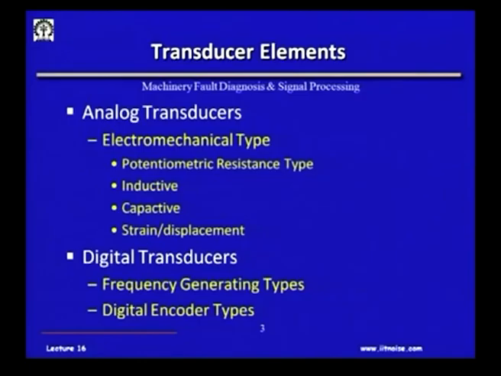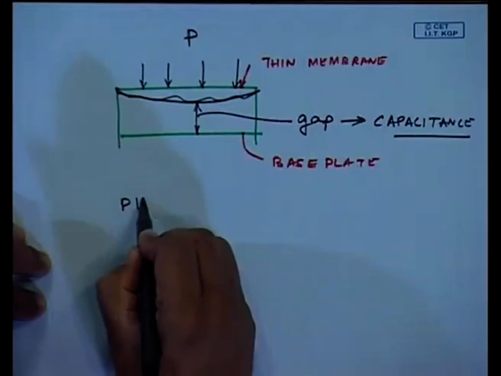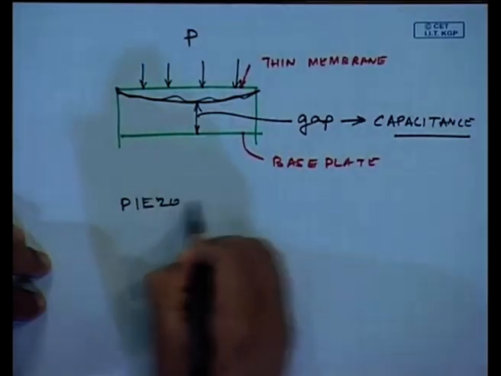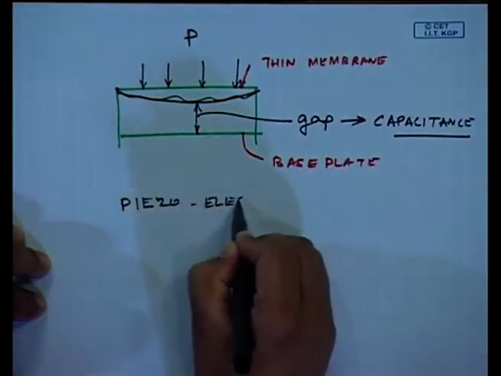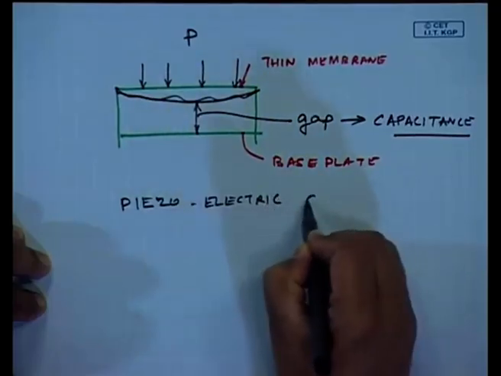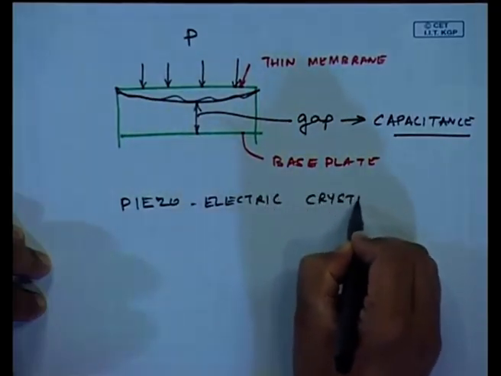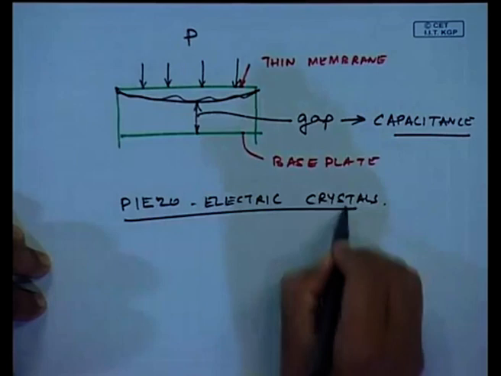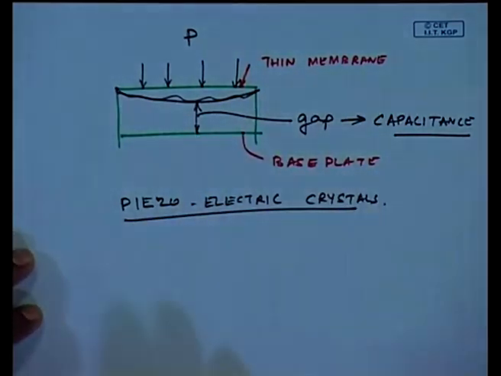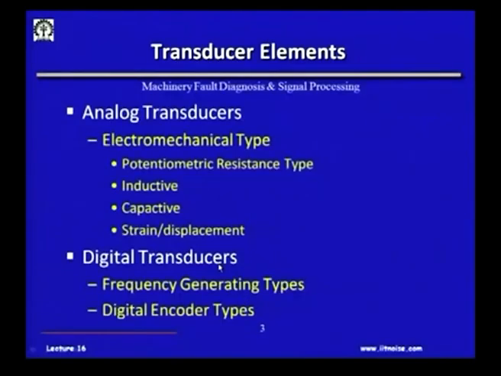Instead of strain gauges, we are also nowadays using piezoelectric crystals. In fact, in CBM, some of the instruments which we are going to discuss nowadays have piezoelectric crystals as the sensing element, and some of the other types of transducers are the digital transducers.